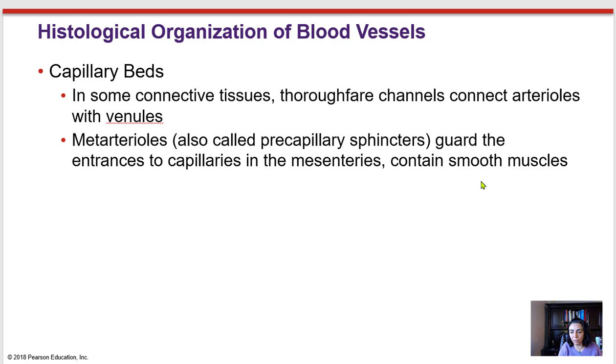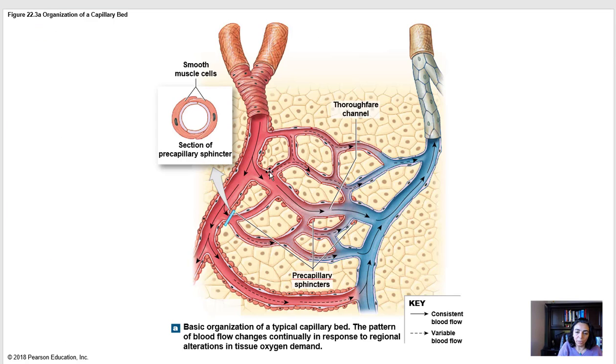As we said, these contain smooth muscle, as you can see here. Thoroughfare channels are here, and these ones can be called metarterioles in the mesentery.